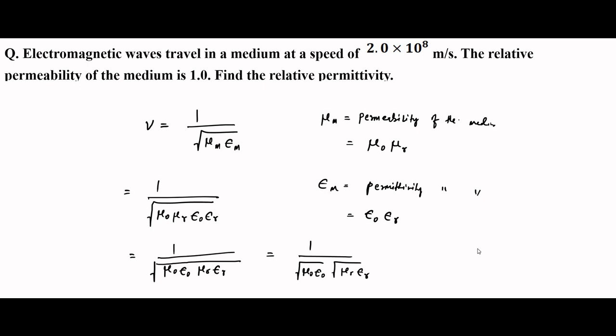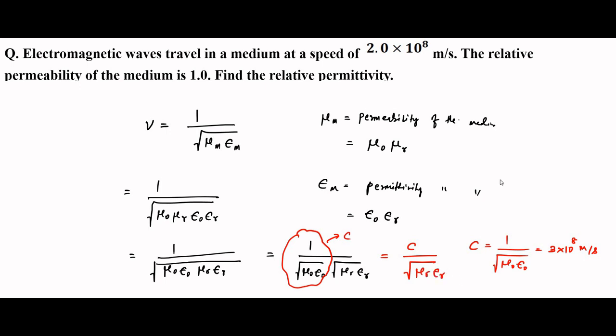Now we all know that for vacuum or air, the speed of electromagnetic waves is c, which is equal to 1 by root over of mu 0 epsilon 0, which is equal to 3 into 10 to the power 8 meter per second. So this portion is equal to c, so we can rewrite it as c by root over of mu r epsilon r.